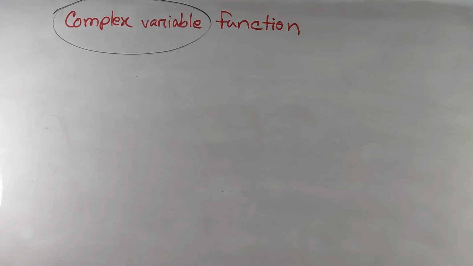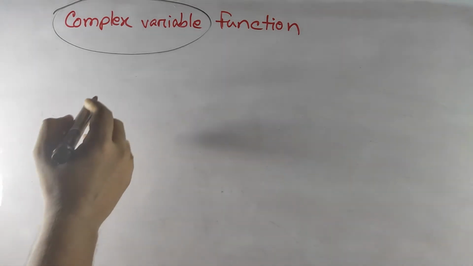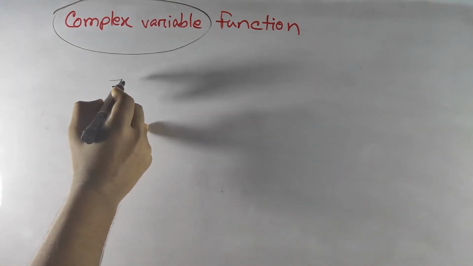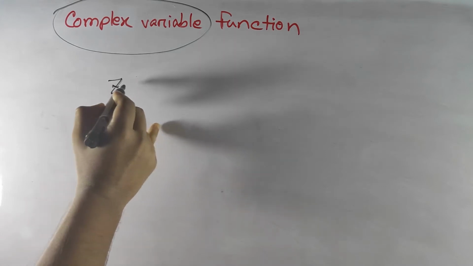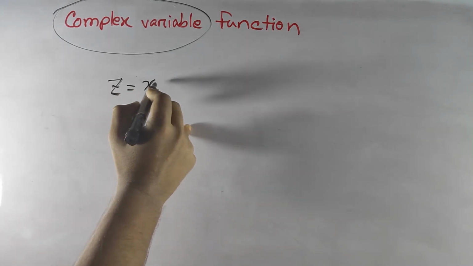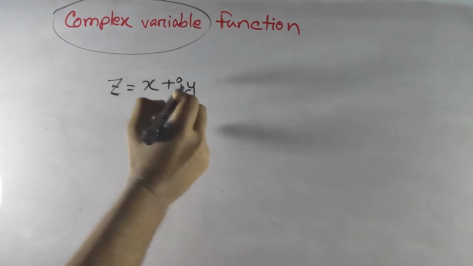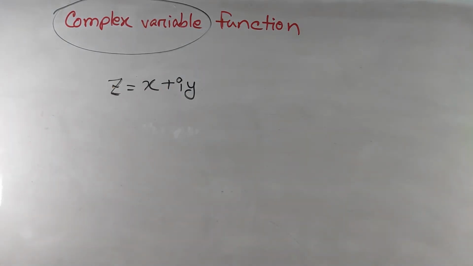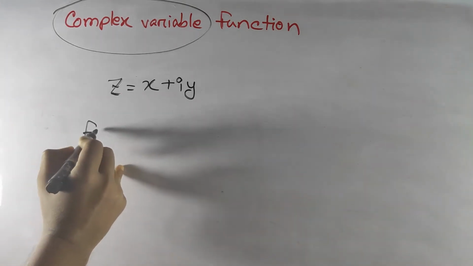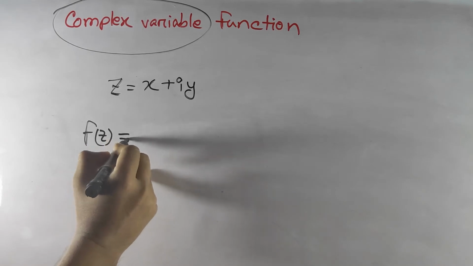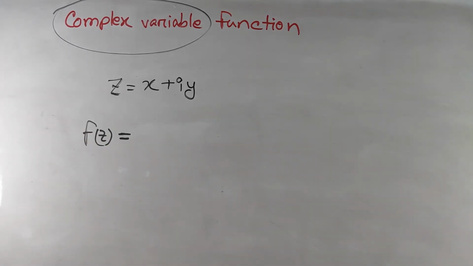In our previous lecture, we saw that a complex number, or any number that consists of a real part x and an imaginary part y, is known as a complex number. If we use this complex number as a variable in a function, then we will get two parts.